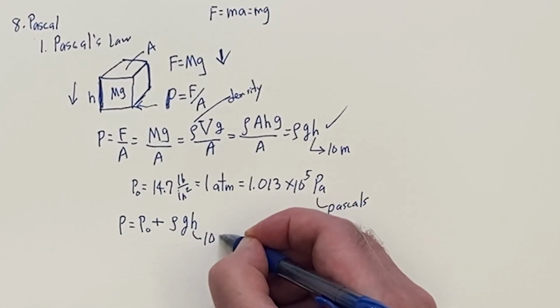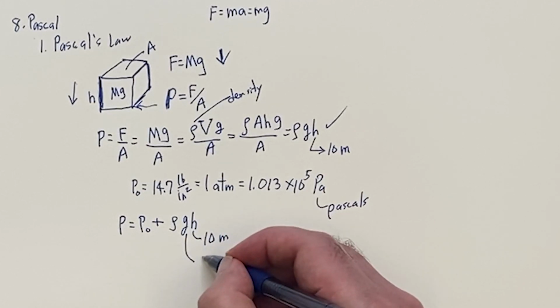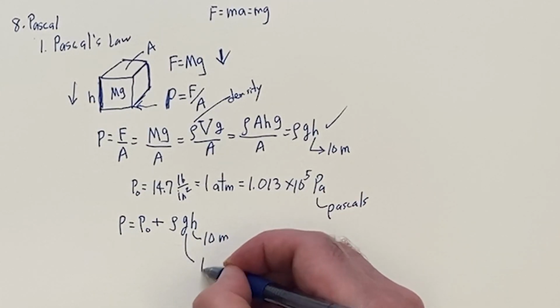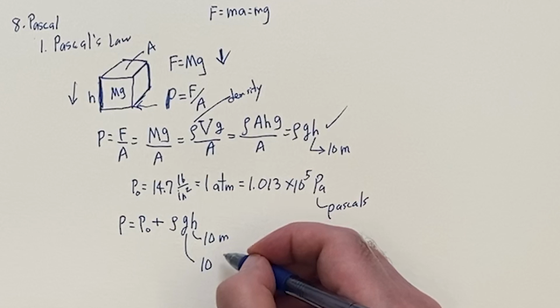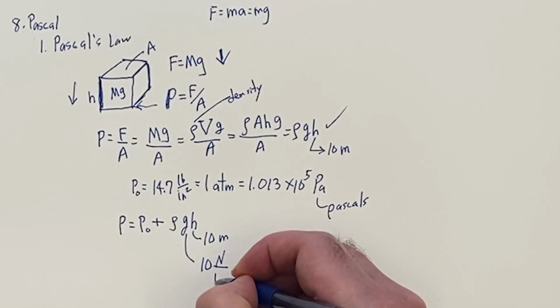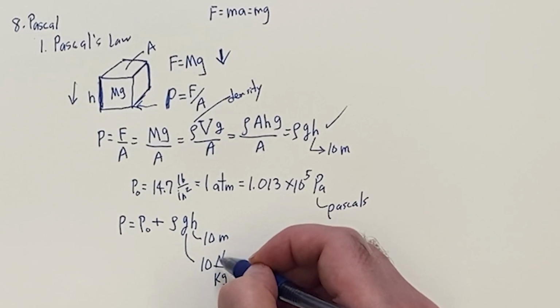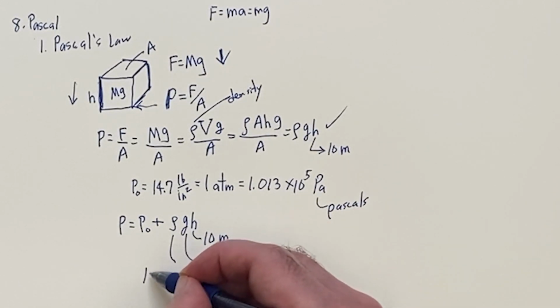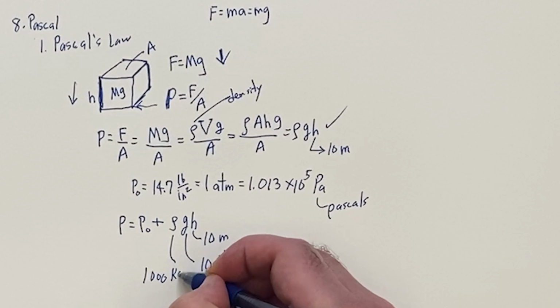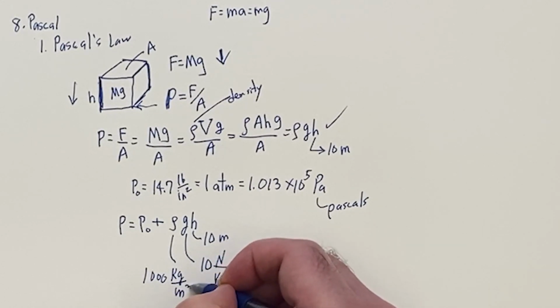If you have here 10 meters, since g is roughly 10, it's like 9.8, so it's Newton per kilogram. Remember, we showed that this could also be Newton per kilogram. And for water, this is 1,000 kilograms per cubic meter.